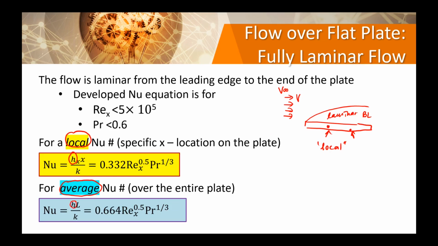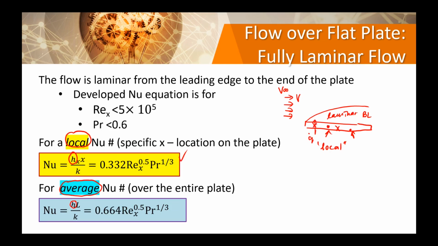Okay, now you must be able to know which case or which option you have to choose. If the question asks, or you want to find a particular location's heat transfer, Q dot at a particular location, then you ought to use the yellow one.